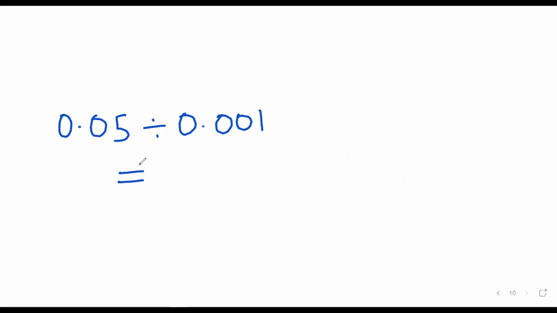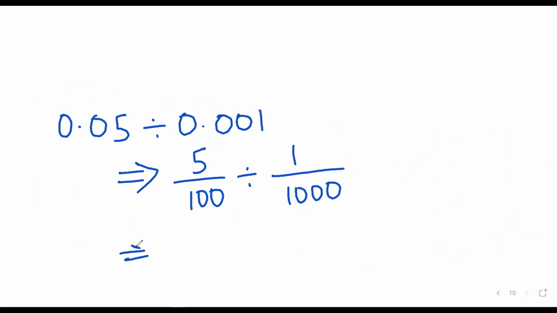Soumya ji, what should I write this as? So 5 upon 100, shabash, divided by 1 upon 1000, shabash. Next, which will be equal to 5 upon 100 into 1000.